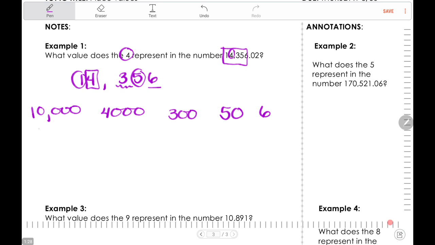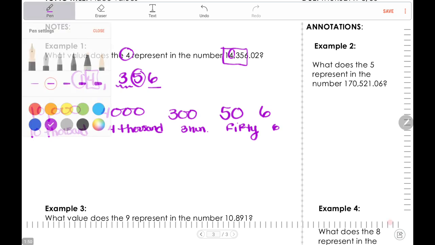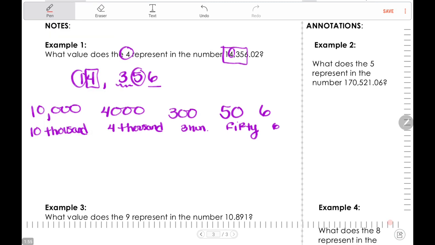So if I put that in words, we would have 10,000, 4,000, 300, 50, and 6. So when we are talking about place values, we're really talking about the zeros, okay?